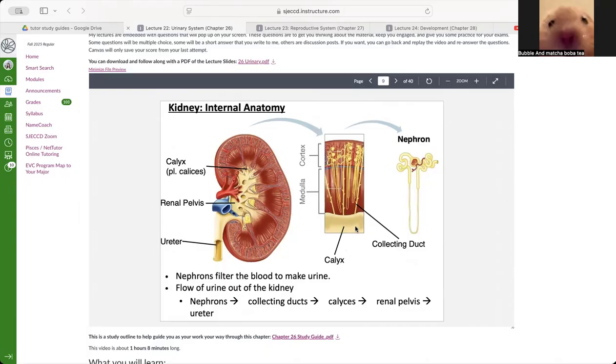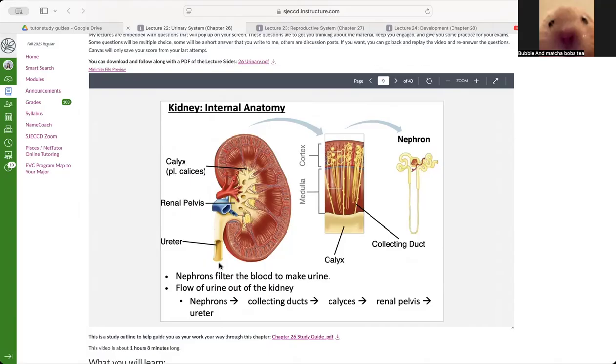The calyces are over here. And then it'll drain to the renal pelvis, which is kind of like a small version. The renal pelvis is over here. And from the renal pelvis, it's going to leave the kidney through the ureter, which is over here.